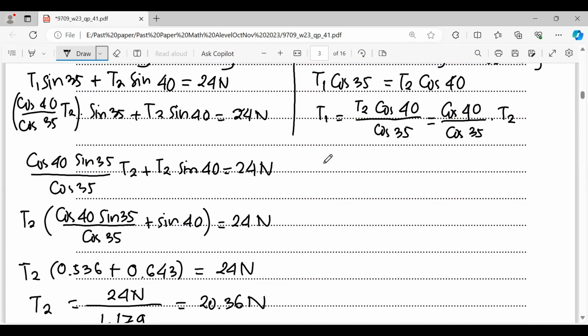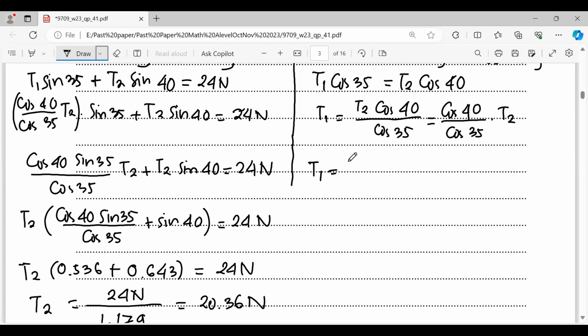We're going to find T1. So tension 2 is 20.36 newtons. We're going to find tension 1, based on this formula, cosine 40 over cosine 35.